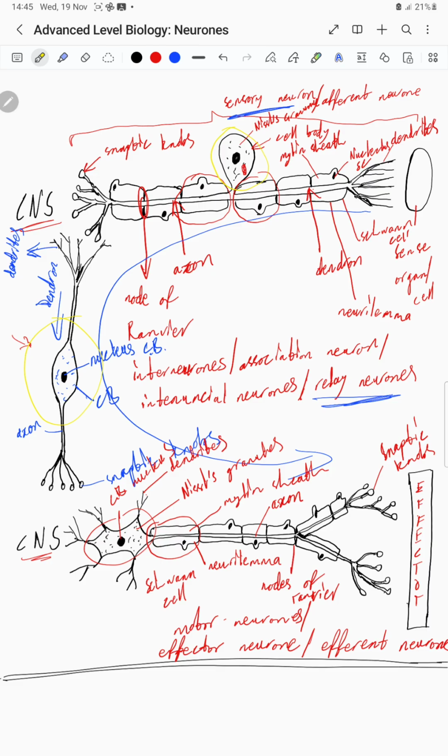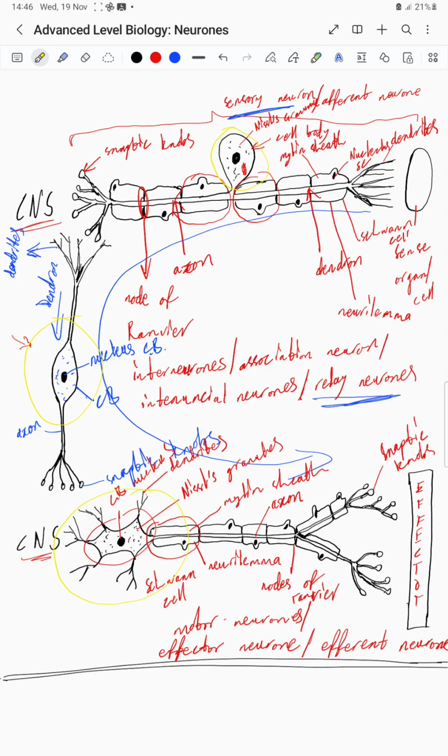But in the motor neuron, the dendrites and axon are on either side, yet the body is very close to the dendrites, so it's more on one side.